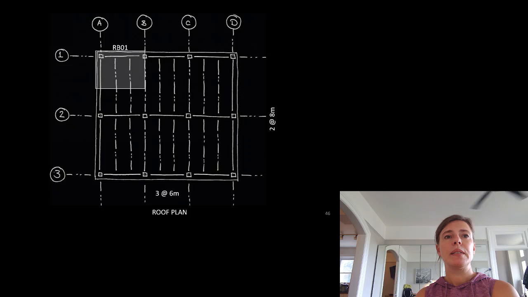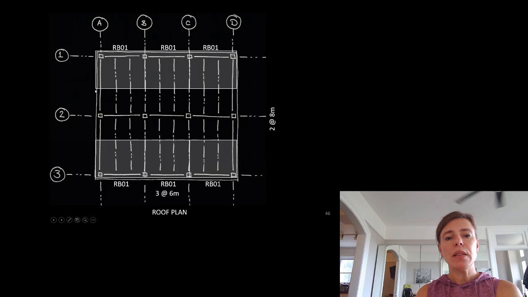Let's look at RB01. RB01 is picking up half of all of these joists, so it's doing the work of picking up half of all of that. Its length is 6 meters, and its tributary width is 4 meters.